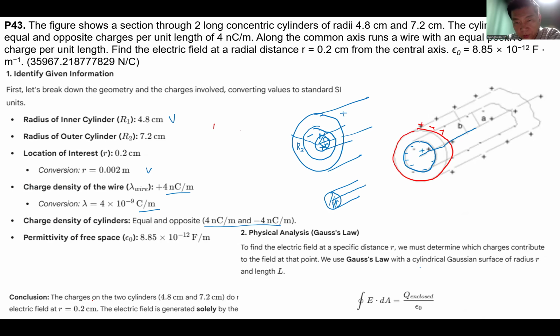Then you get 2 pi R L times E, and Q enclosed is lambda times L over epsilon naught. The charge on the two cylinders does not contribute to the electric field inside. That's the key thing you need to keep in mind.